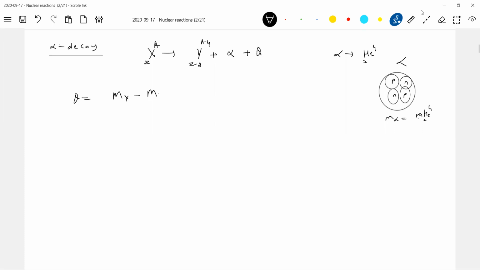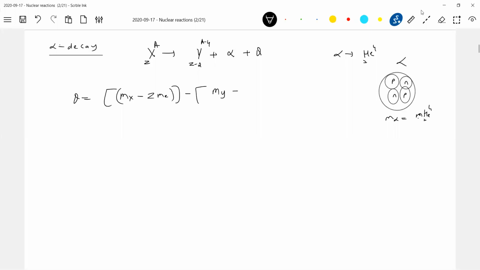Parent minus mass of... even if you want, you can take the electrons, but what is the mass of electrons? So I'll do one problem and show it. There's the mass of parent. I think in books they are not shown.